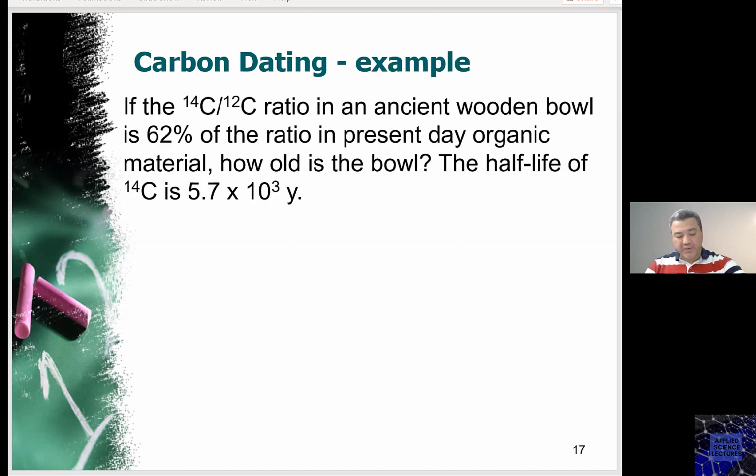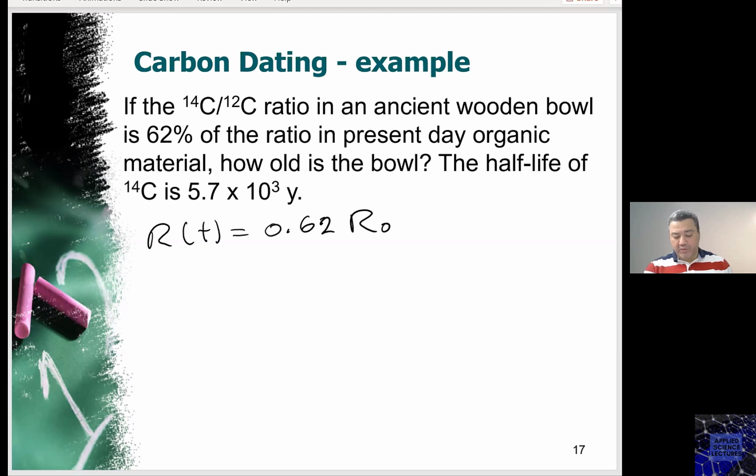In this example, we have the ratio of the C14 to C12 in an ancient wooden bowl is 62%. So this is the remaining ratio compared to present day organic material. So R of t here is 0.62 R naught.